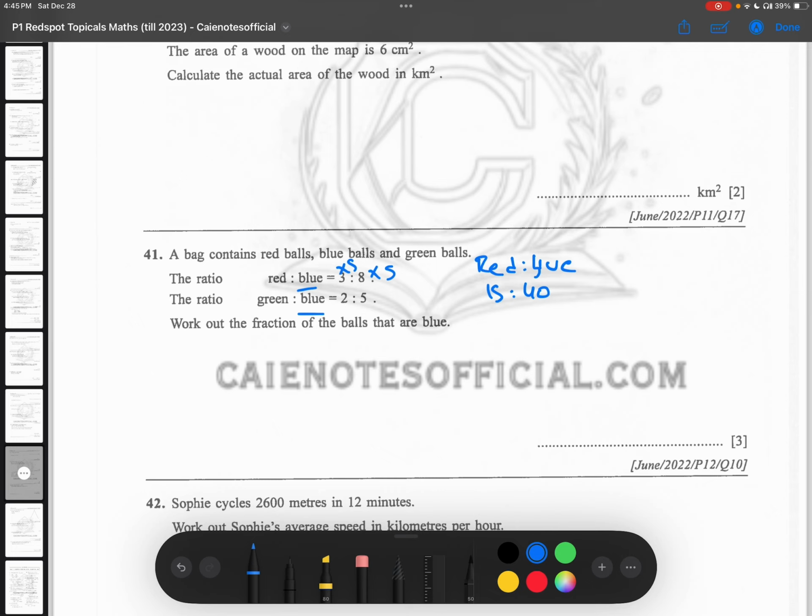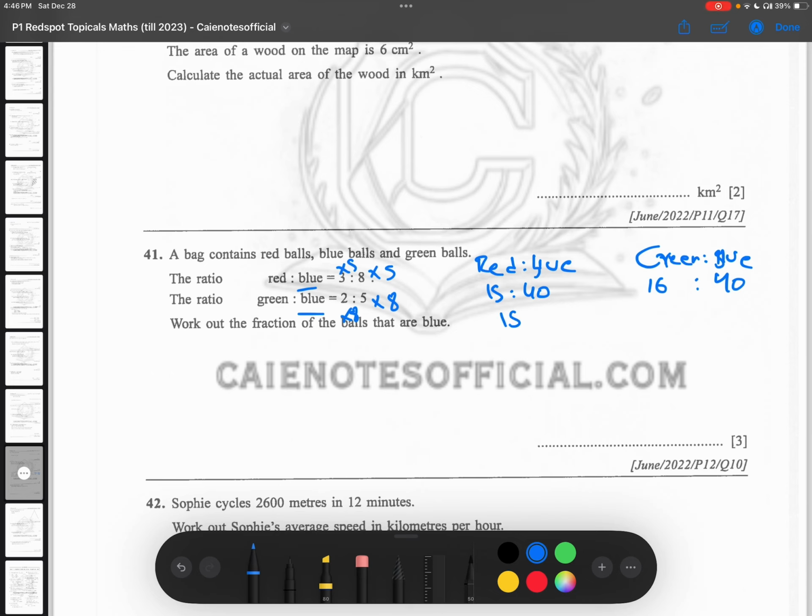And the second ratio, green to blue, I multiply it with 8. So this will become 16:40. Now I can write these three ratios together as the ratio of blue is now the same.